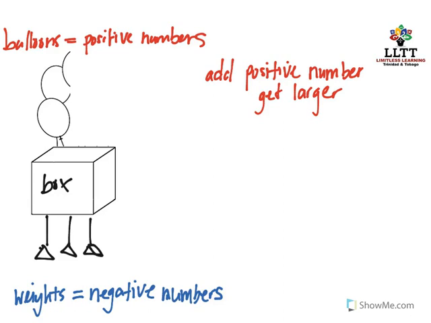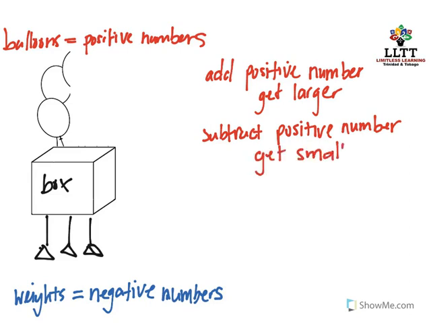So when we take away or we subtract balloons, which is like subtracting a positive number, we're going to get pulled downwards. Once we get pulled downwards, we're going to get smaller. So moving downwards means we're getting smaller. Moving upward means we're getting larger. So we take away balloons, means we take away a positive number, we get smaller.